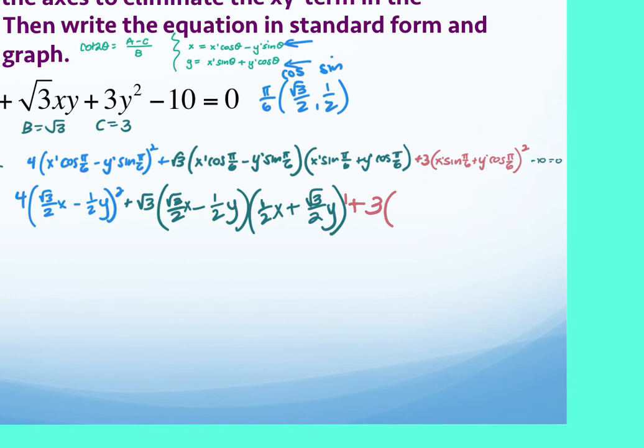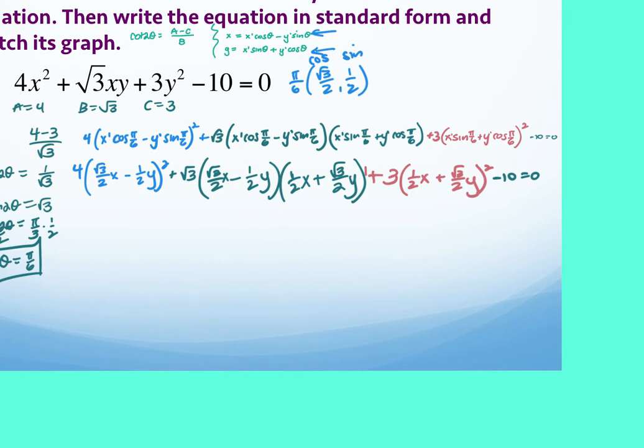No, the y is plus 3, and then, which is maybe why your xy didn't cancel though. The sine there is 1/2 x plus root 3 over 2 y, squared, minus 10 equals 0. Doesn't matter when you do it. Yeah. Then we're going to expand.